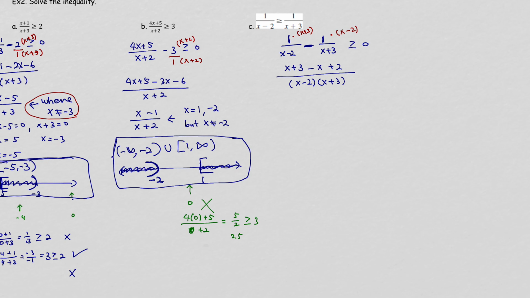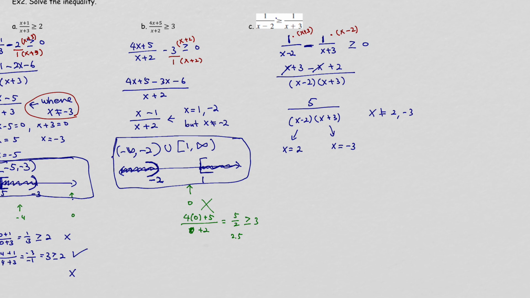Then I will end up getting no more x. So it will be 3 plus 2 is 5. Because you do not have any x variable on the numerator, I will not get a boundary point from the numerator. But this will give you x equals 2, and this will give you x equals negative 3, as the boundary points, but at the same time, those are your restrictions, right?